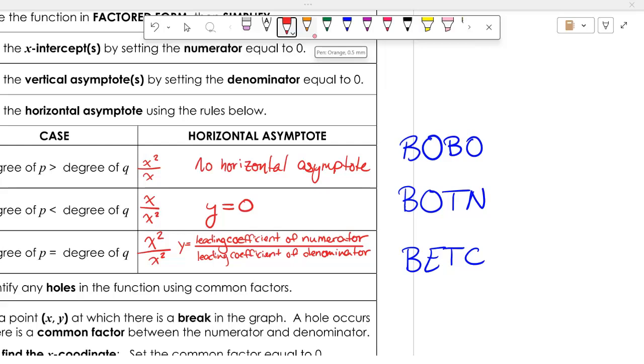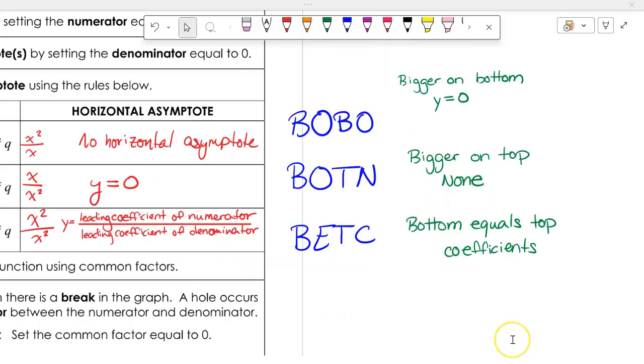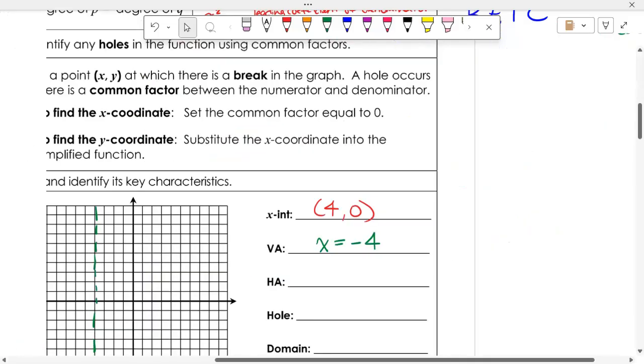Bigger on bottom, y equals 0 is your asymptote. Bigger on top, no asymptote. Bottom equals top, coefficients. So again, bigger on bottom, y equals 0. Bigger on top, none. Bottom equals top, coefficients. It's a way to just remember it.